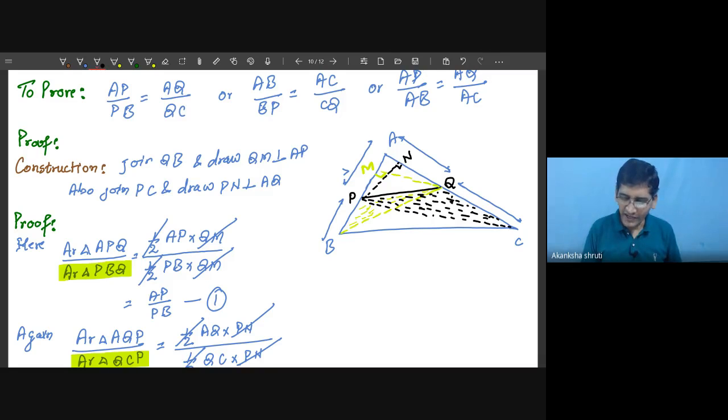Therefore, the two triangles will have equal area. That is the only concept, but that we have to write.